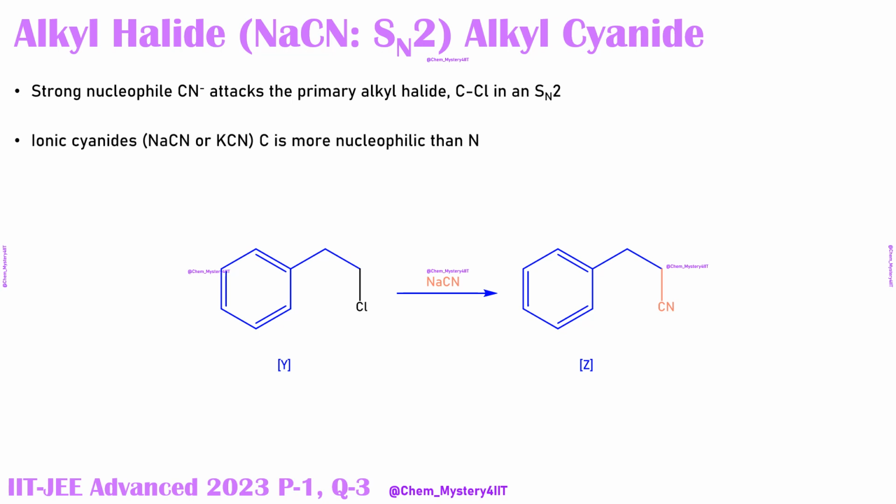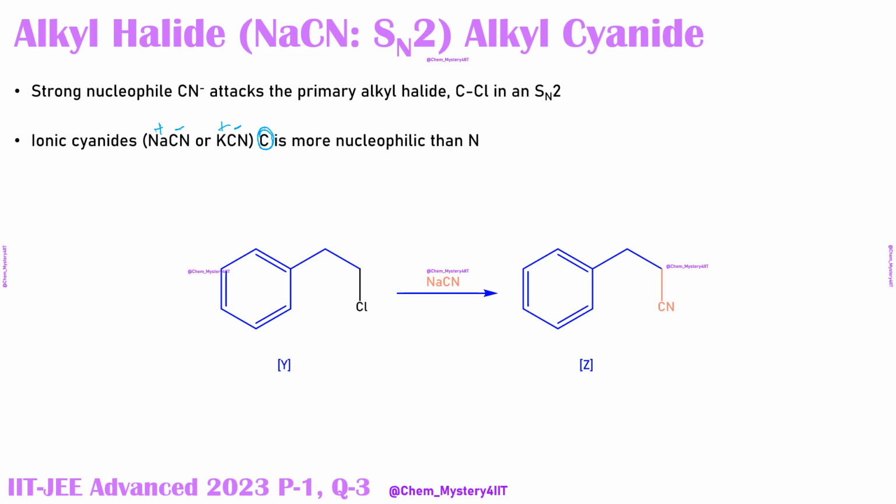Here it is important to note that if you are using ionic cyanide like Na plus CN minus, or K plus and CN minus, in these cases carbon is the nucleophilic atom which is attacking the alkyl halide. Although the use of different solvents can change the relative nucleophilicity, so protic solvent will disfavor the attack of the carbon.